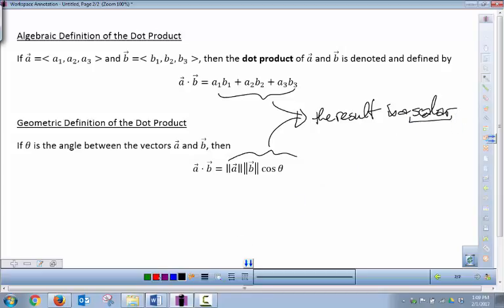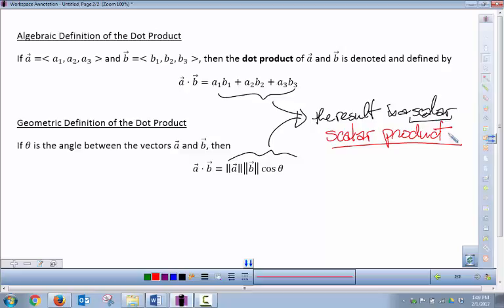A lot of times this is known as the scalar product, specifically because the result turns out to be a scalar. So we multiplied a vector by a scalar, called scalar multiplication, and we get a vector. Now if we try to multiply two vectors together, we get a scalar.